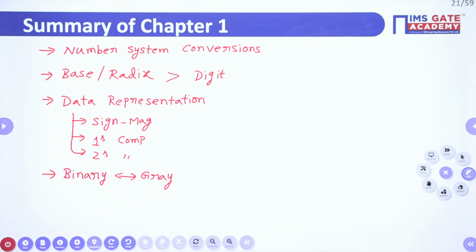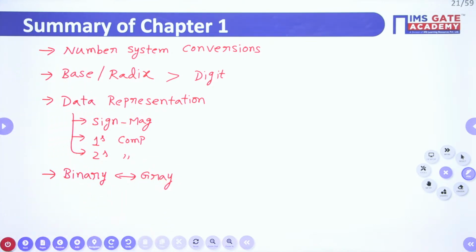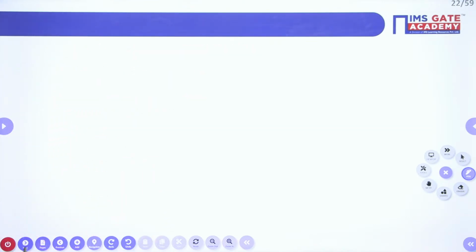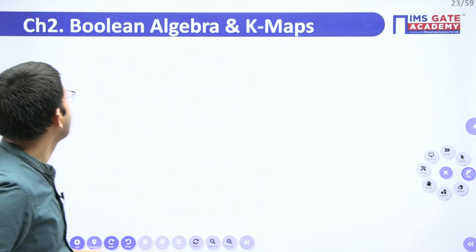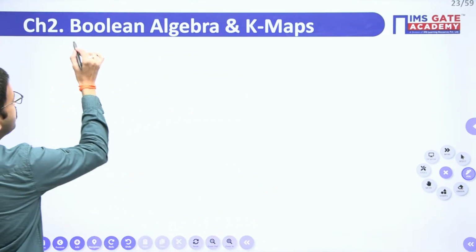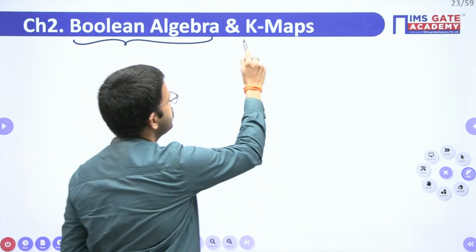Yes, very good. So with this understanding, now let us proceed to the next chapter, that is Boolean algebra and K-maps. In this particular chapter, we have two main concepts. One is Boolean algebra and another one is K-maps.